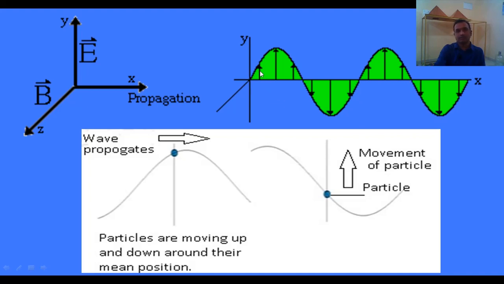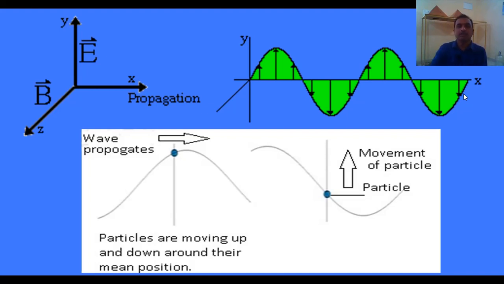Here, the sun's energy is transmitted from the sun to the earth's surface due to the vibration of the particles. Particles do not travel from 0 to x; only energy is transferred. The particle always carries energy and transmits it to the next particle.